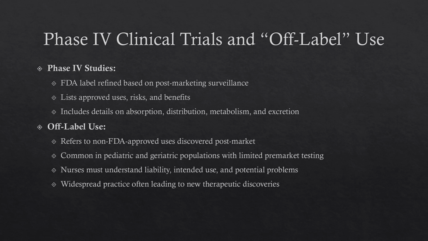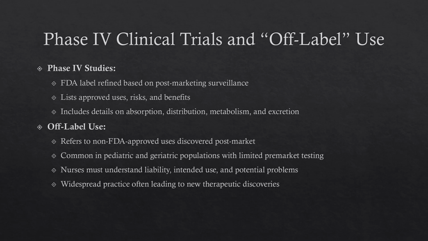So technically this medication can be prescribed for one thing, but it also can help for another disease process. So this is common in pediatrics and geriatric populations. Nurses must understand liability, intended use, and potential problems. So if that patient was to be tried on the off-label use of a medication and something bad happened, there could be some liability and legalities in that.